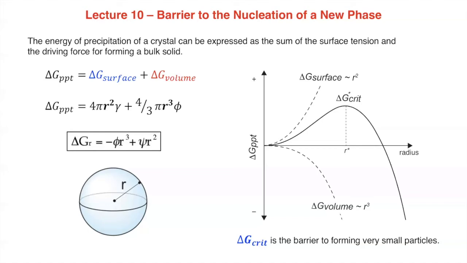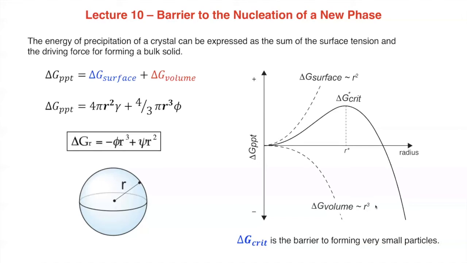Okay, so importantly, this peak maximum here at this particular value of R star is labeled as delta G critical. Critical will become more clear in just a moment, but it's a representation of the barrier height. You start from no radius. As the particle gets bigger, the delta G goes up until you hit this important radius, and then it falls off a cliff.